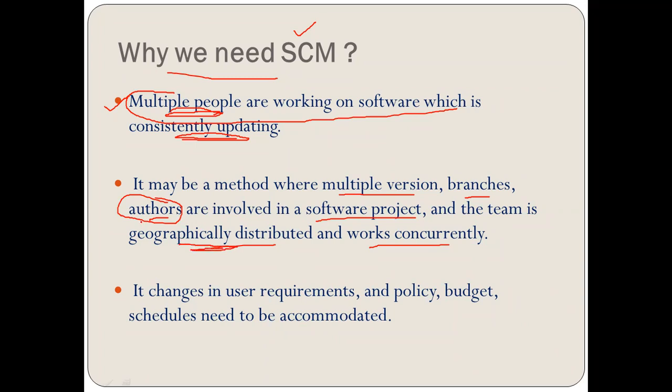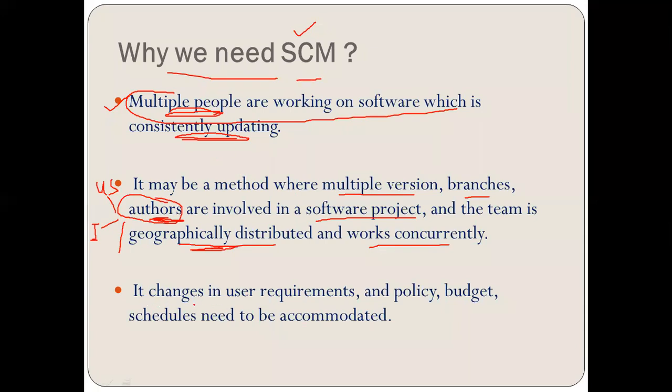They are not at the same place. One team is present in the US maybe, and one team is in India. They are working concurrently, so there can be a communication gap, and there can be inconsistency in the updation of their work. For that reason, SCM is required.